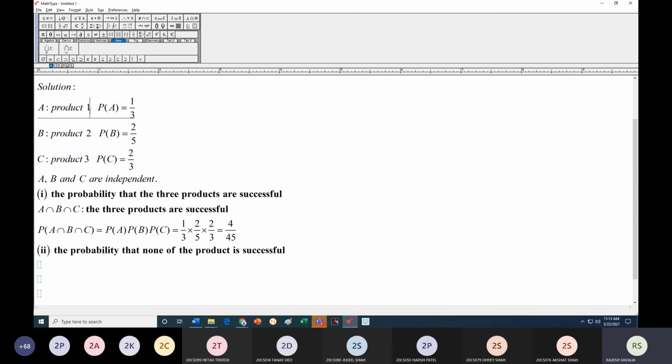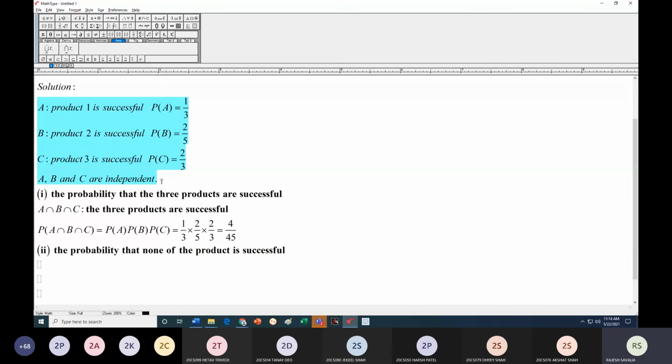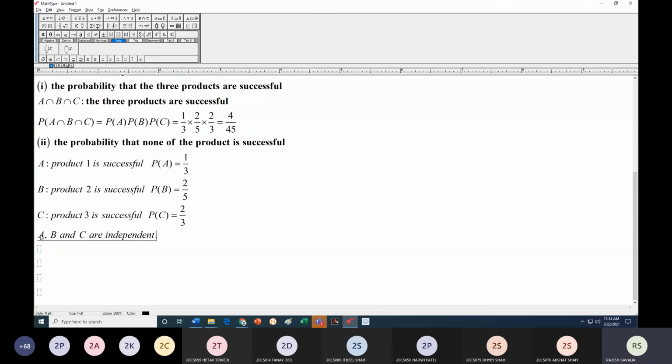प्रोडक्ट 1 इज सक्सेसफुल. एक मिनट, यहाँ पर मैं. So now we are going to take another event, A complement. A complement says product 1 is not successful.